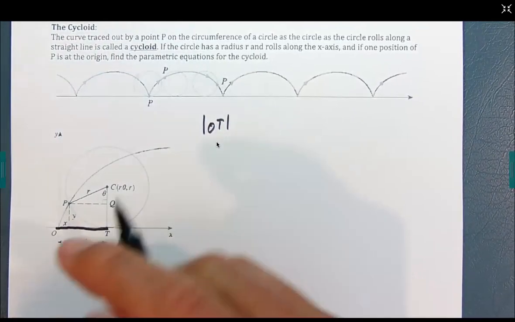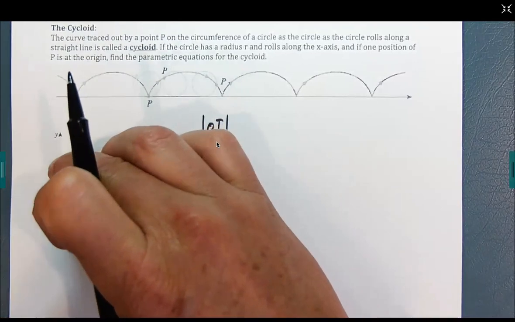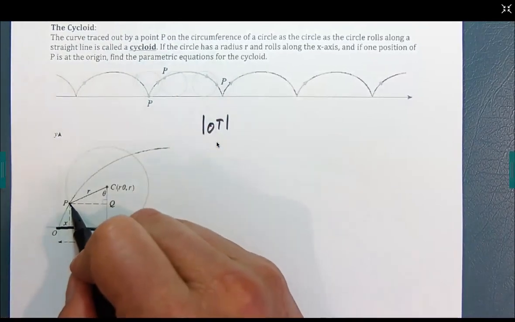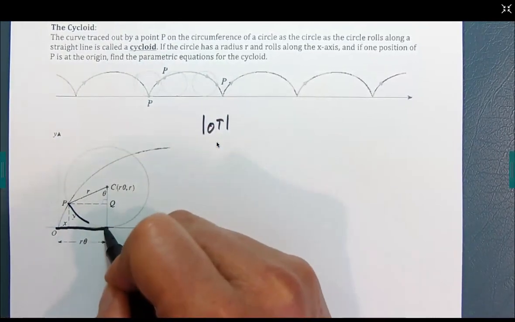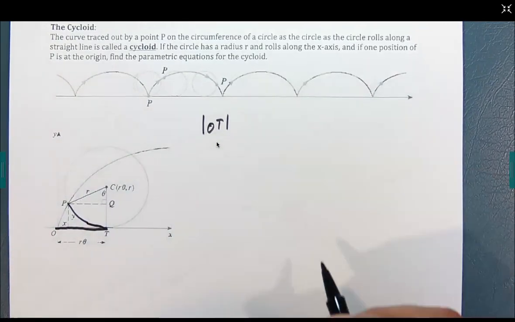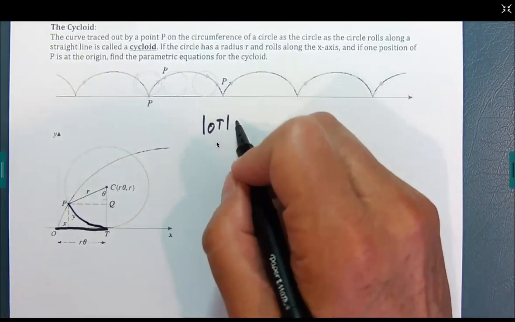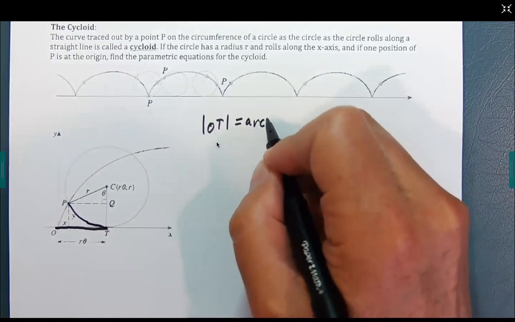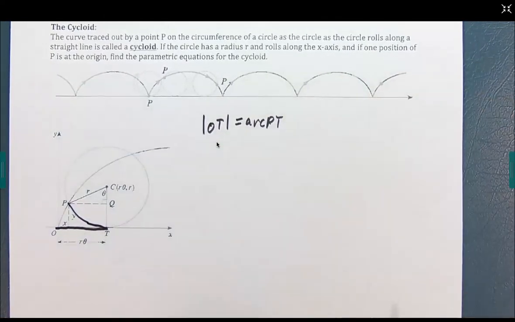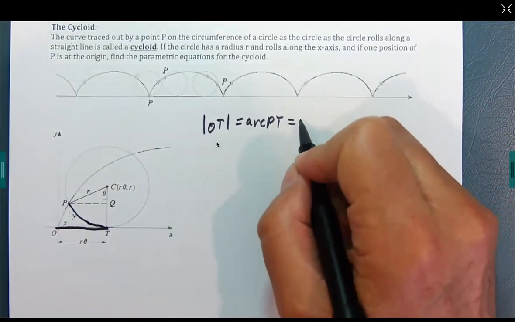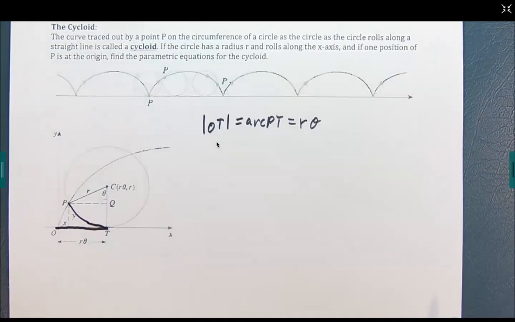And can you see if this circle rolls this way, it's going to be the same as this arc right here, meaning OT is the same as arc PT. And because we know a little geometry, we know that arc PT is going to be r theta. Theta, of course, is in radians.